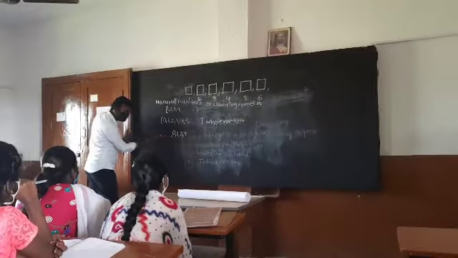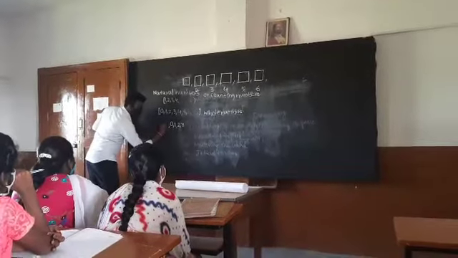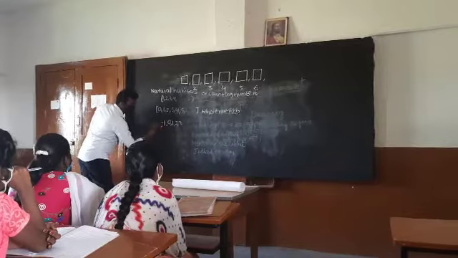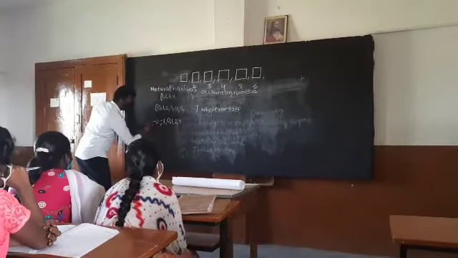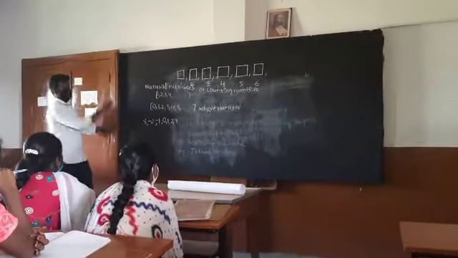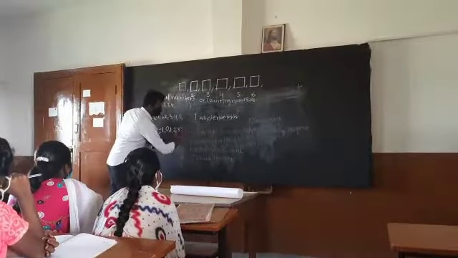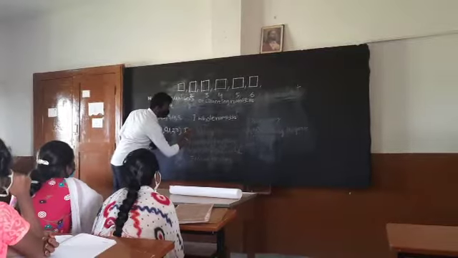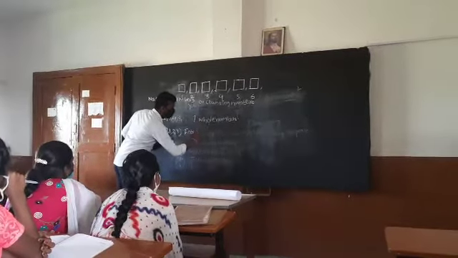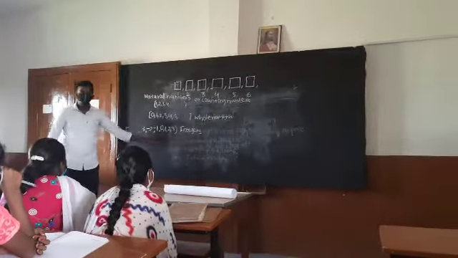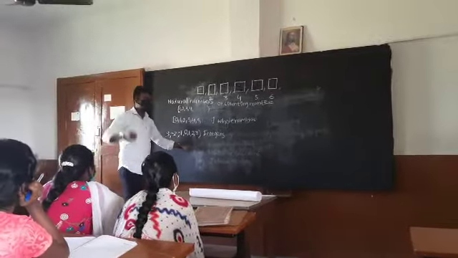We go towards the left. -1, -2, -3, and so on. Very good. These numbers are called integers. Till this you have learned in your 6th and 7th classes.